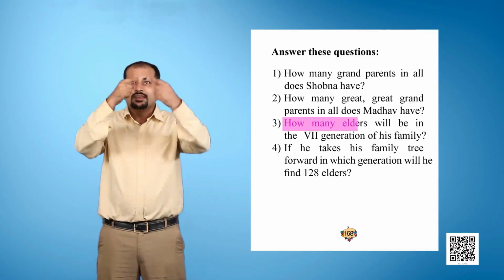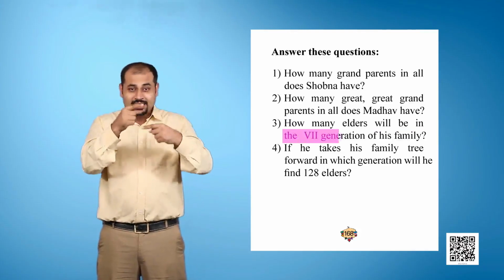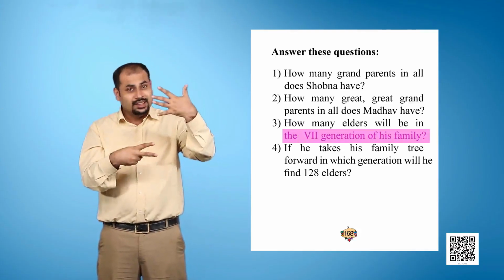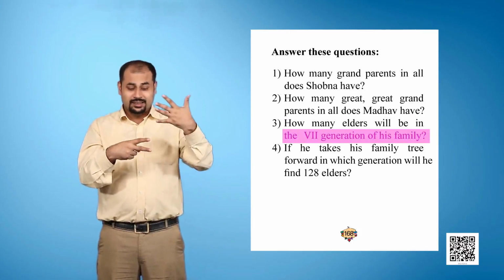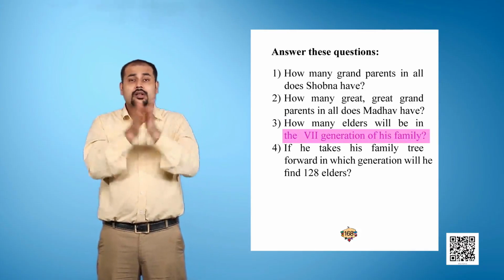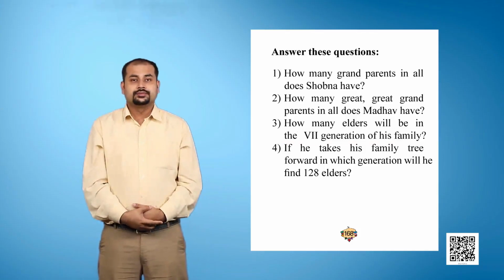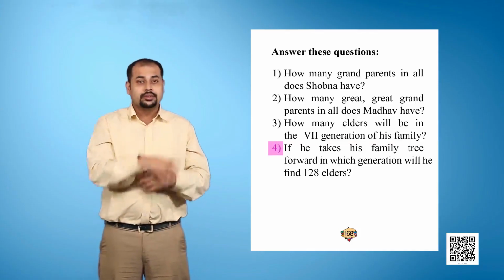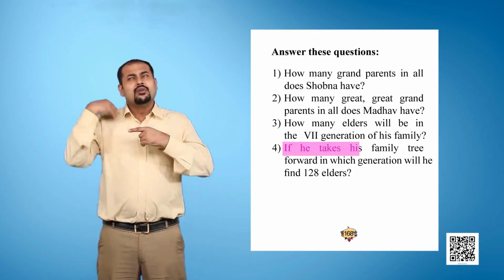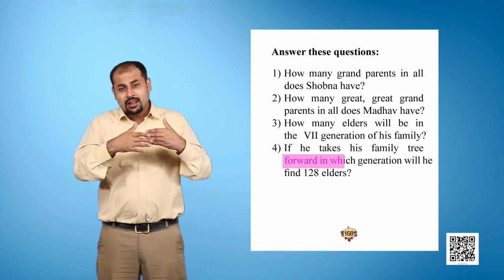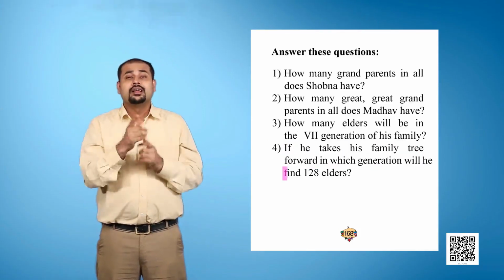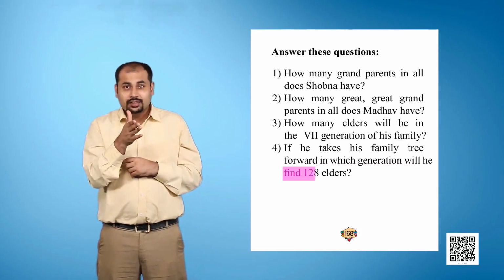How many elders will be in the 7th generation of his family? 4. If he takes his family tree forward, in which generation will he find 128 elders?